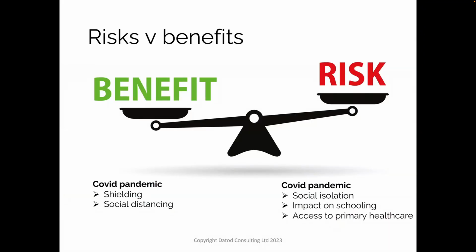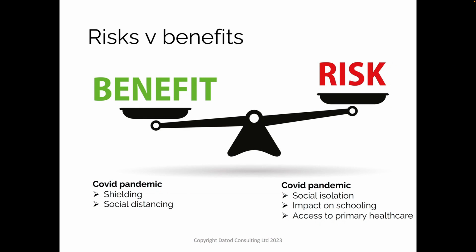So there's always this balance between risk and benefit. COVID is quite a good example to explore, if you look at the concept of shielding during the COVID pandemic. There was real benefit in shielding individuals away from potentially catching the virus, and obviously social distancing, making sure you didn't come into contact with individuals.